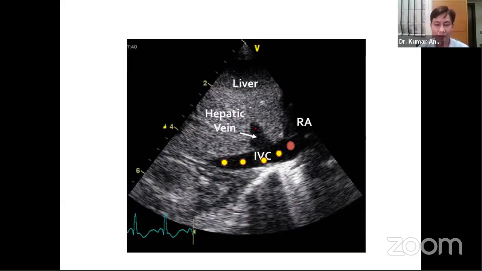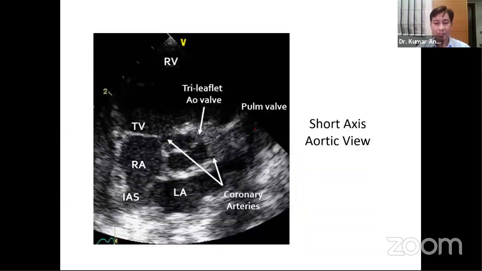That means if the flow is low and you are giving a lot of calcium and inotropes, they can permanently damage the liver. To confirm this further, we sometimes do a short axis aortic view and look at this, and sometimes the catheter crosses the right atrium, the interatrial septum, and goes inside this area.